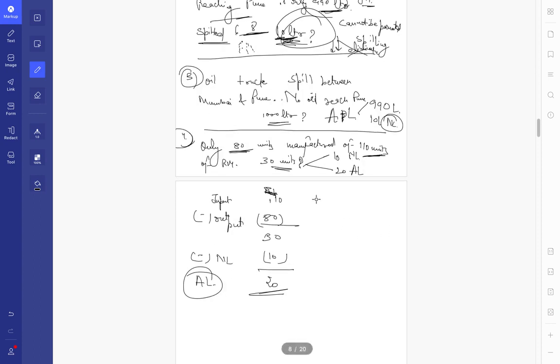Again, using the same formula, 1000 liters is the input, output is 0, leaving us with 1000, out of which you know that your normal loss is 10 units, leaving us with 990 liters of abnormal loss.